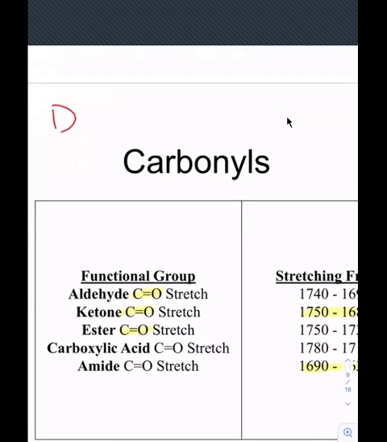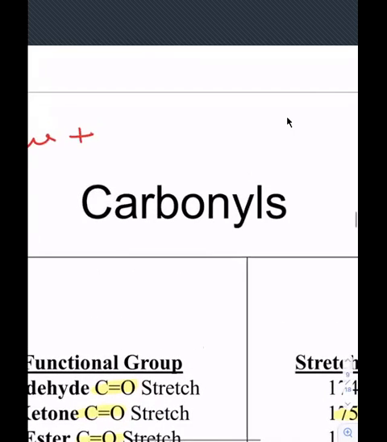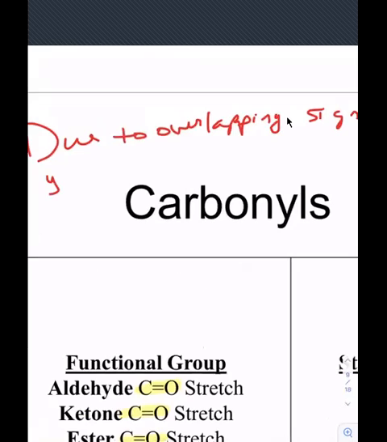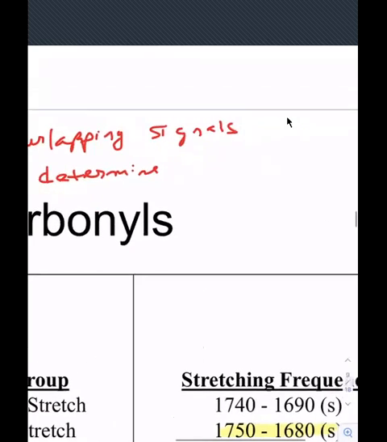So I'm gonna put that up here. I'm gonna abbreviate compound.